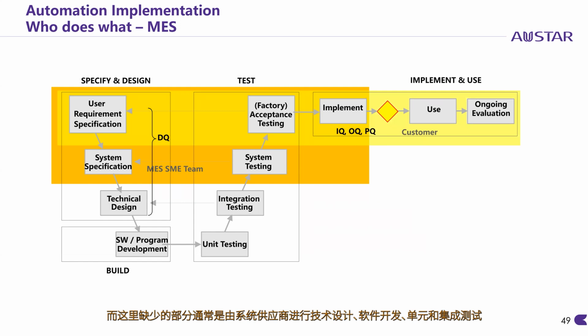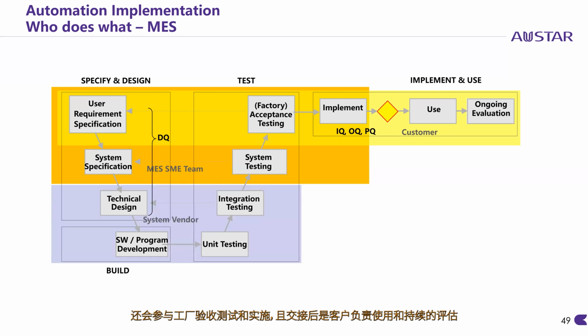The customer will definitely be involved in the user requirement specification, but also in factory acceptance testing and implementation. And after handover, obviously, the customer is responsible for use and ongoing evaluation. And the missing part here is normally done by the system vendor, who is doing the technical design, software development, unit and integration testing. With this setup, you can successfully implement quite complicated systems.